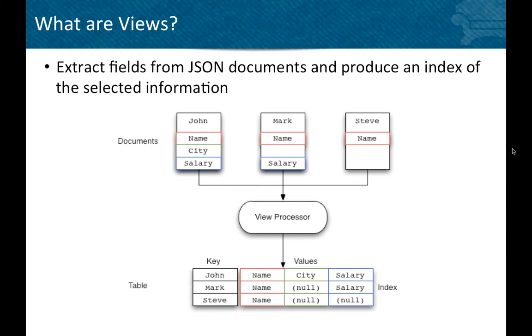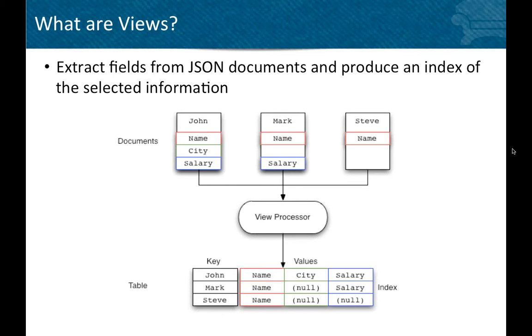So what are views? It's the way to build an index. If you're familiar with indexes in a relational database, it's similar. The big difference being that views are native to the idea of not having a schema, so that all your records can potentially be different.